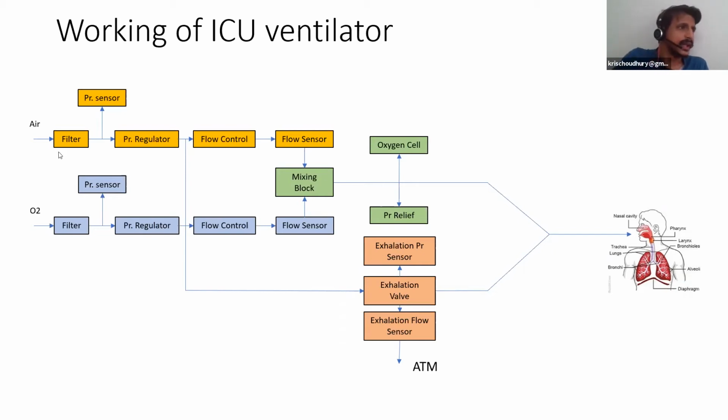So the air and oxygen enter through the filter, and they usually enter at a pressure of 60 psi, and they need to be dropped down to a pressure of around 50 to 60 centimeters of H2O. Now, 50 to 60 centimeters of H2O is less than 1 psi, so it's a huge drop in pressure.